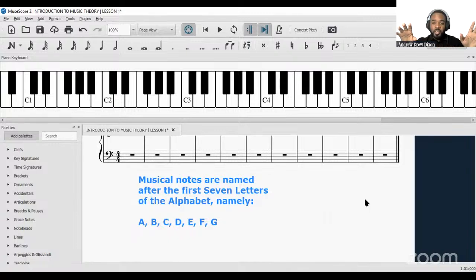Feel free to go ahead, screenshot that, write it off, whatever will help you to remember that.